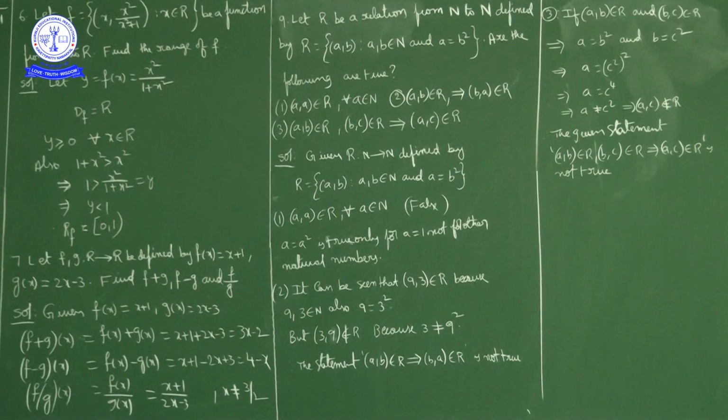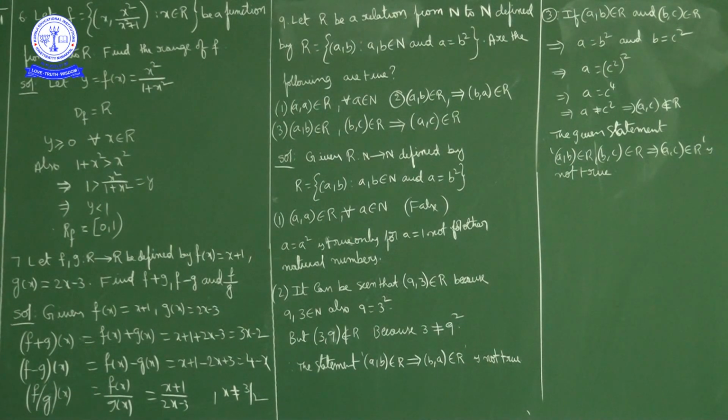Okay, so relation from N to N, natural numbers to natural numbers, is defined by R equal to the ordered pair (a, b), where a and b are natural numbers, and the relationship between a and b is that the first element is the square of the second element.